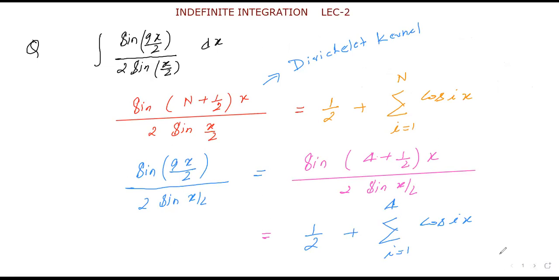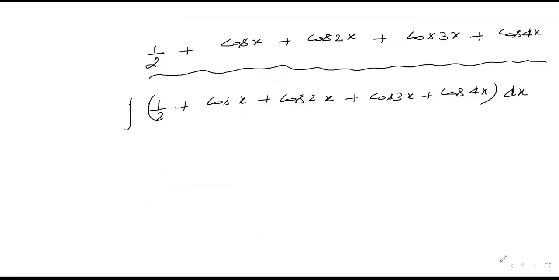Here, simplest form doesn't mean the compact form. Basically, we need to convert it into the format of the standard formulas. Now, as we know that the integral follows the distributive law, we can distribute the integral across different functions.